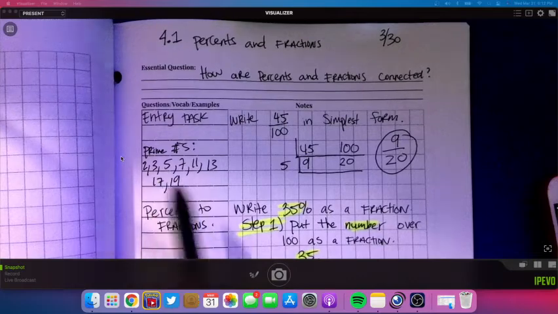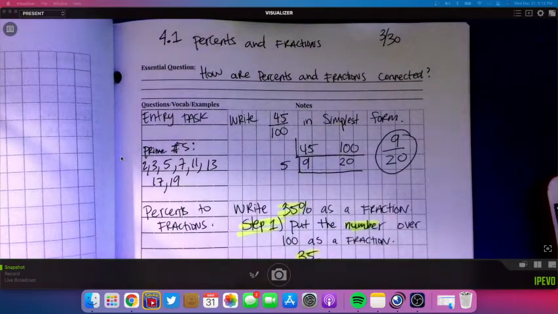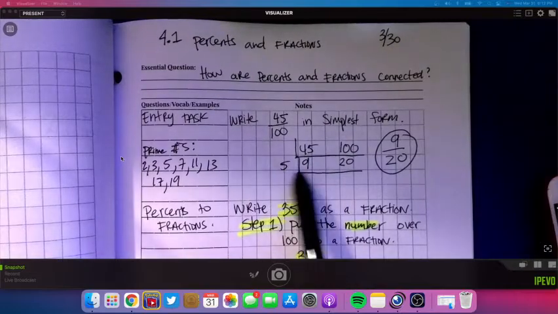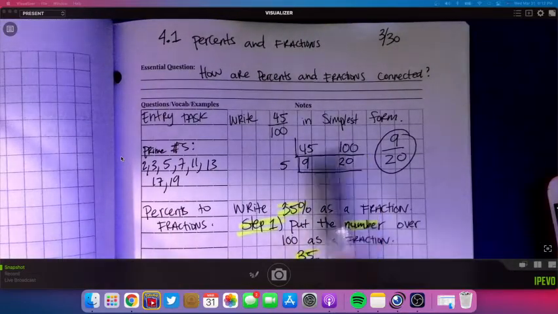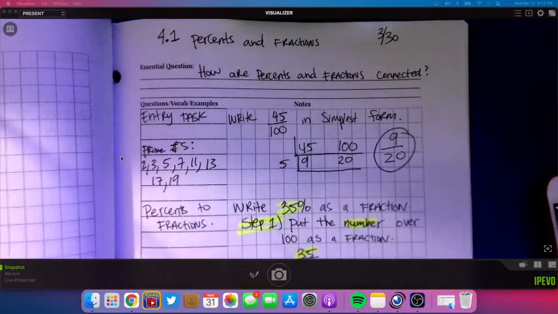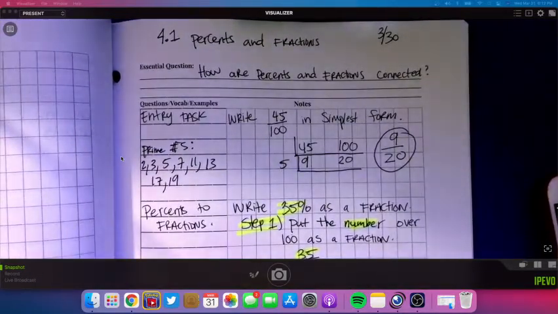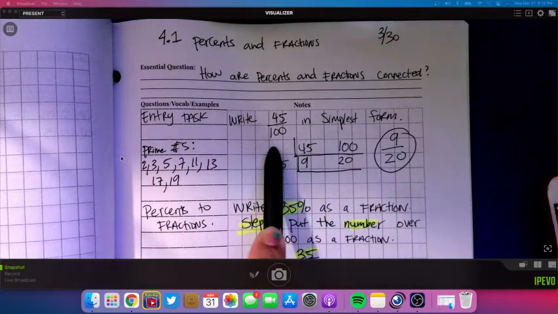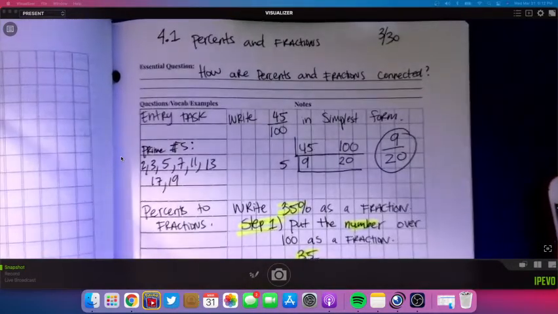You need to be able to divide both of them by that prime number. So 45 divided by 5 is 9, and 100 divided by 5 is 20. 9 and 20 do not share a common factor. You cannot divide them anymore. So 45 over 100 is 9 over 20 in simplest form.